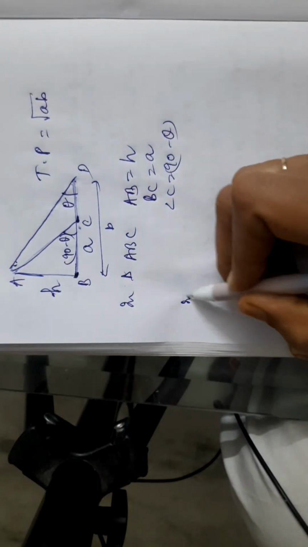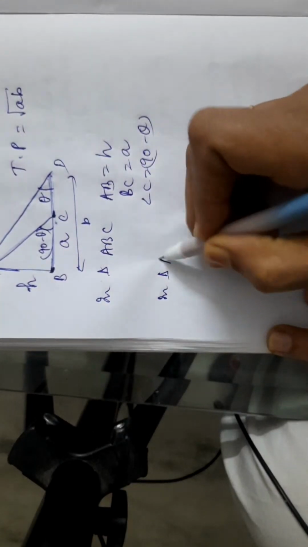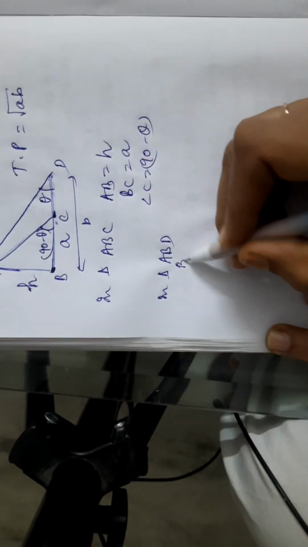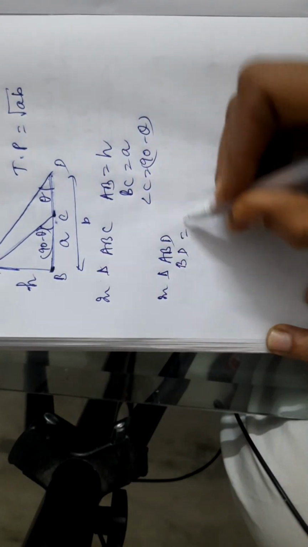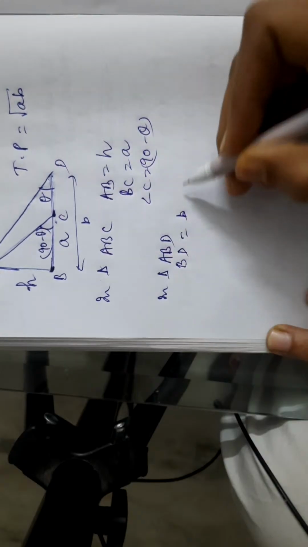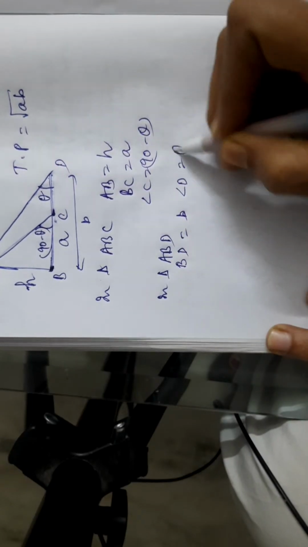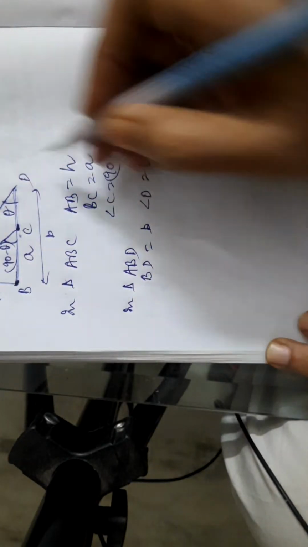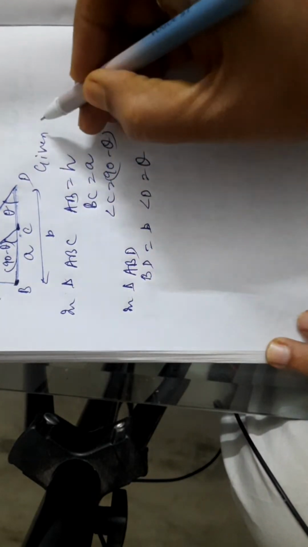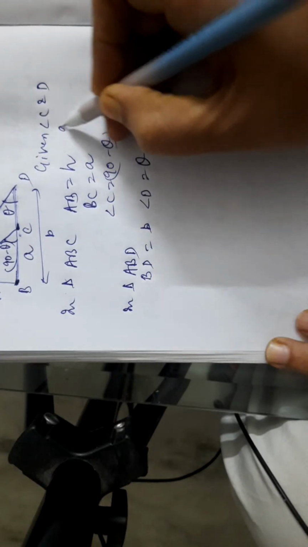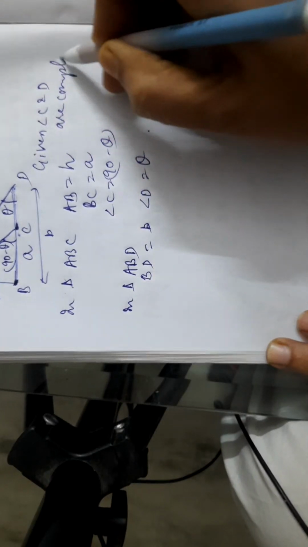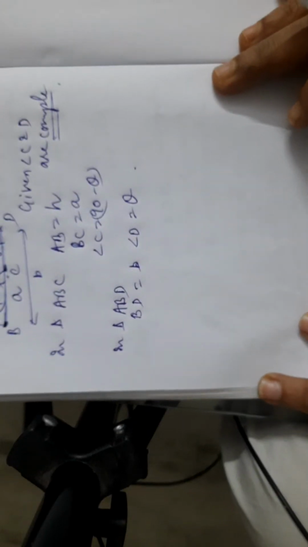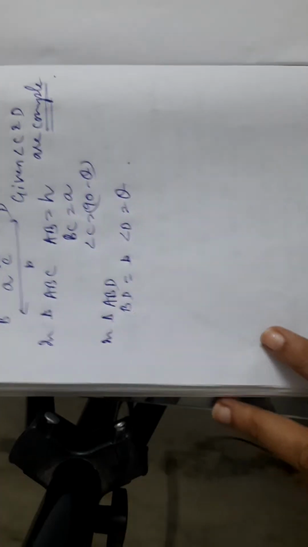In triangle ABD, BD we need to represent as B, as AB is already given, and angle D is theta. To prove, and given, C and D are complementary. This is also part of the given. Now let's move on with the solution.